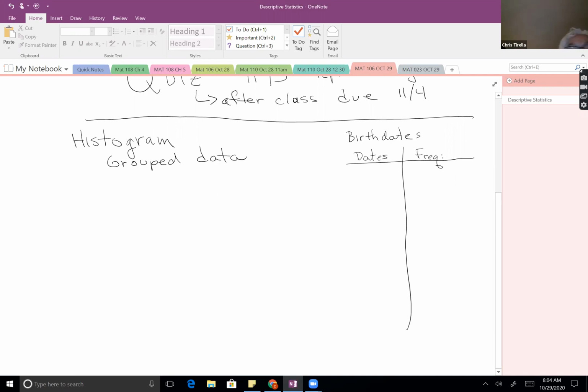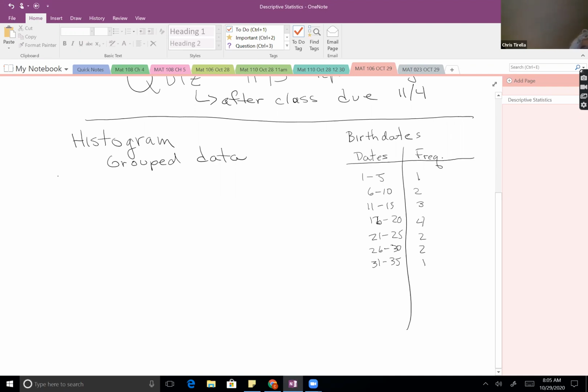And we had grouped them 1 to 5, 6 to 10, 11 to 15, 16 to 20, 21 to 25, 26 to 30, and 31 to 35. And our corresponding frequencies going down were 1, 2, 3, 4, 2, 2, 1.